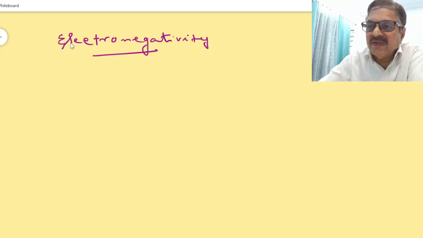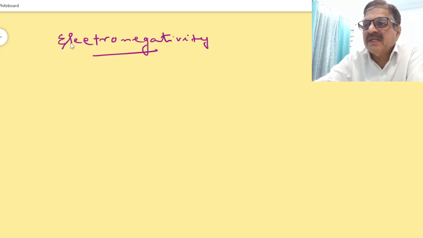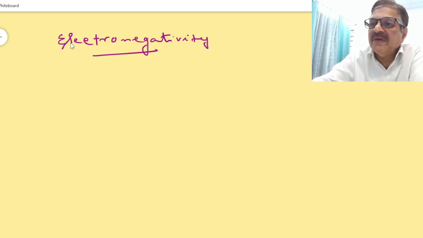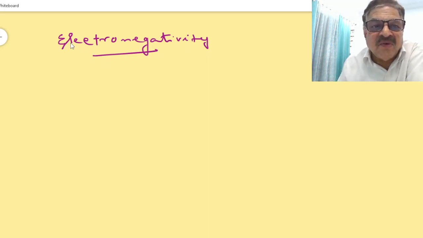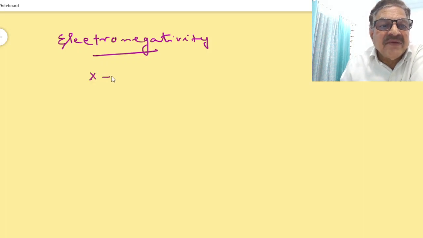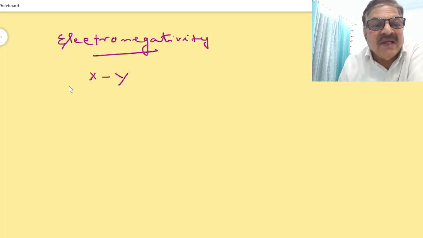So we know electronegativity and bond polarity: it is the degree of attraction for an electron in the bond, where a bond means a covalent bond here. Say we have a covalent bond XY, formed by the sharing of one electron from each atom, so it is a 2 electron bond.